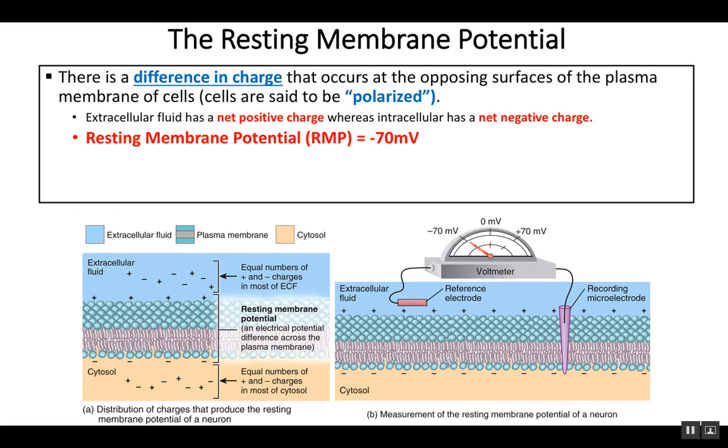Okay, so this negative 70, you can think of it as keeping the neuron at rest, because we're going to see it changes, and when it changes, that triggers an action potential. I often think, and a lot of other people think of neurons as kind of like a gun. You've got a gun that you want off, so there's a little button called the safety. That makes sure that that gun is not going to fire.